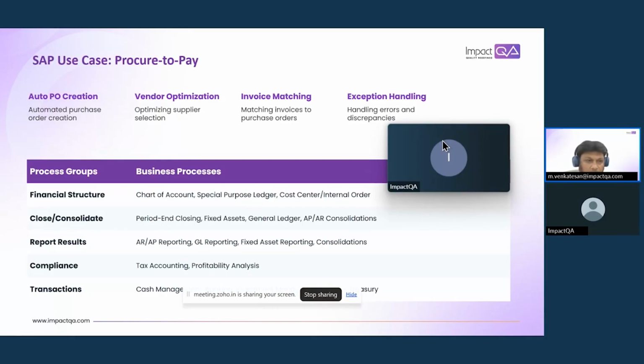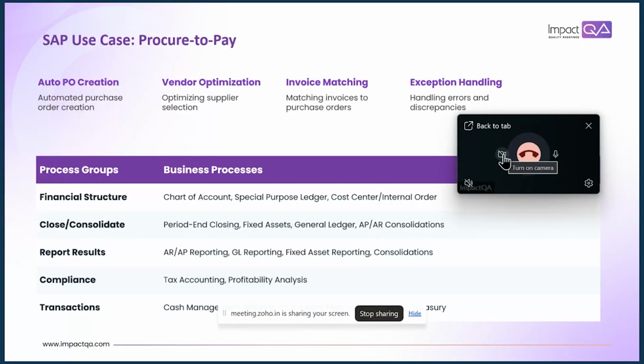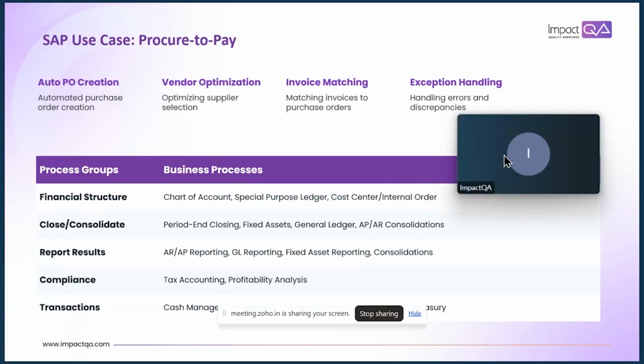But when it comes to level 2 and level 3 processes, one should know how the end-to-end business processes work and where exactly we can apply agentic AI. So I would like to explain in a bit more detail how procure to pay agentic AI can be implemented.